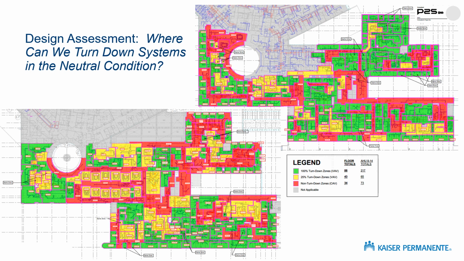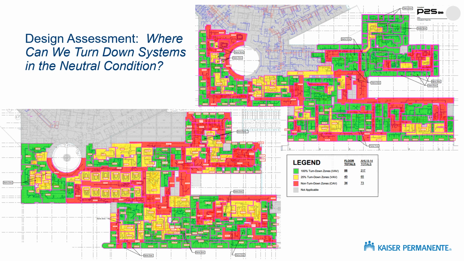So one of the exercises that you have to do, and this was an engineer that did it particularly well, is to go through the building and actually look at where can we turn down systems and how far can we turn down systems within the neutral condition. There are going to be some areas where you can essentially turn down systems to very low load or shut them off entirely.